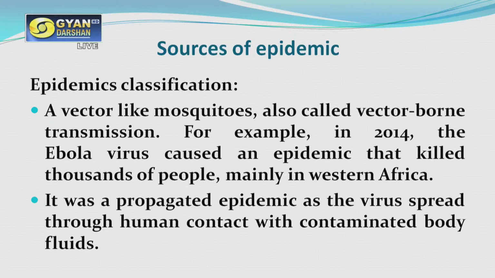It was a propagated epidemic, as the virus spread through human contact with contaminated body fluids. So you have to keep in mind what can cause an epidemic. It can be a virus or bacteria, a vehicle, or some vector like that.